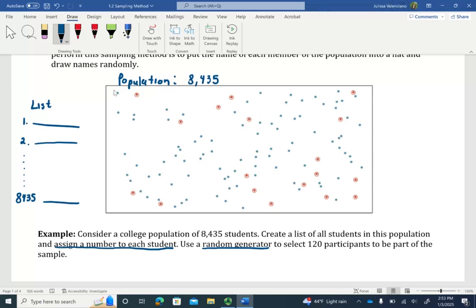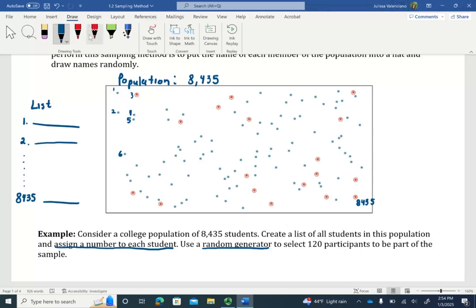So once you have the list, and you can think of each of those dots inside of the rectangle being a number. So 1, 2, 3, 4, 5, 6, and so on. I'm just going to go ahead and take the last dot, and I'm going to number this 8,435. And so with the generator, you would generate a number between 1 and 8,435. The generator is going to give you a number.